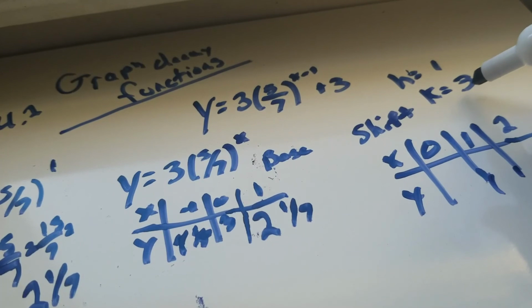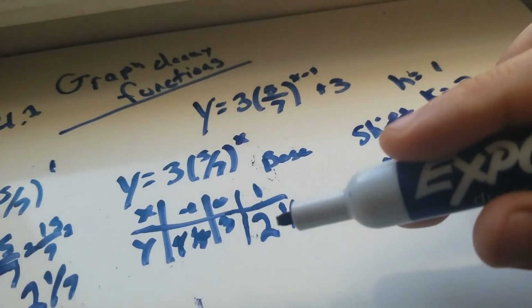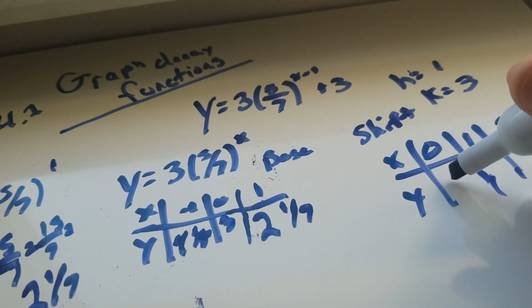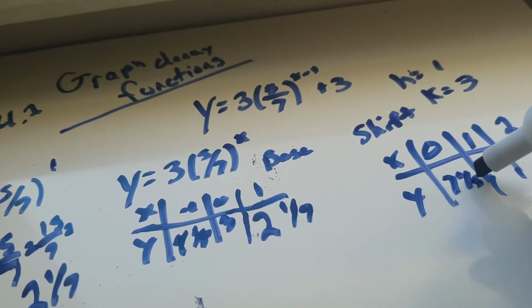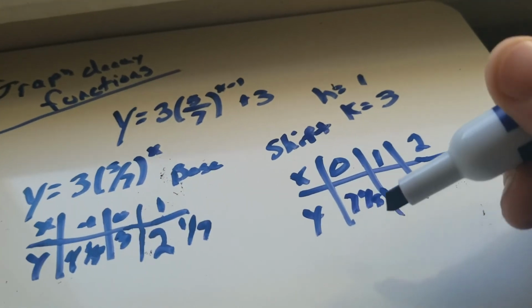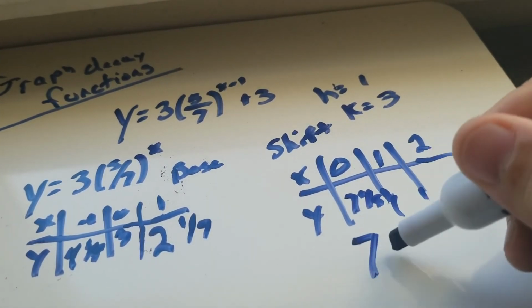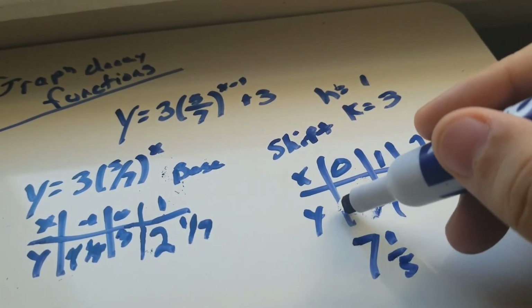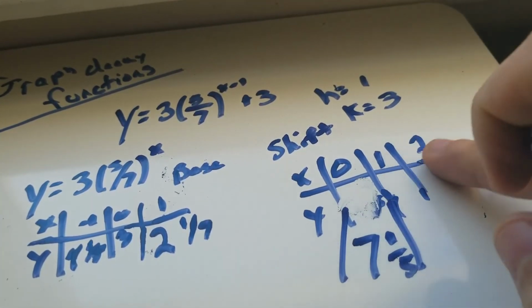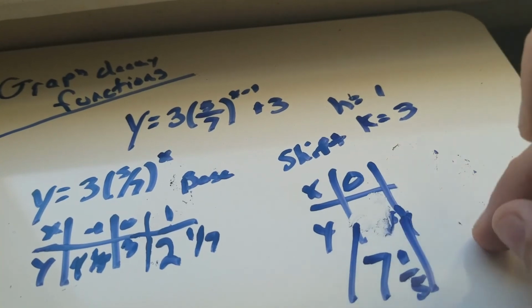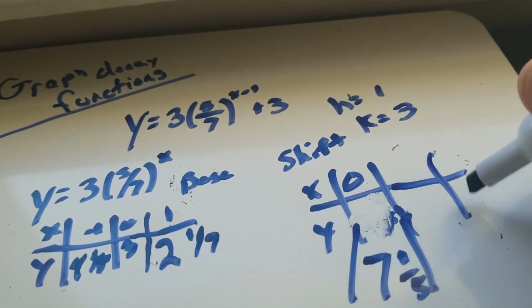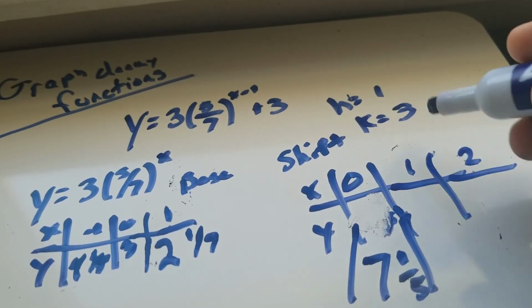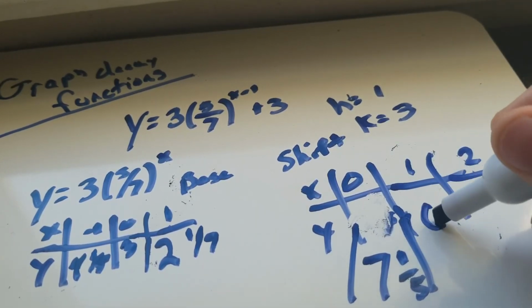For the K's, now we're going to do adding. 3 plus 4 and 1/5. So you just add the numbers in front. So that's 7 and 1/5. And then the next one is just 3 plus 3. 3 plus 3 happens to be 6.